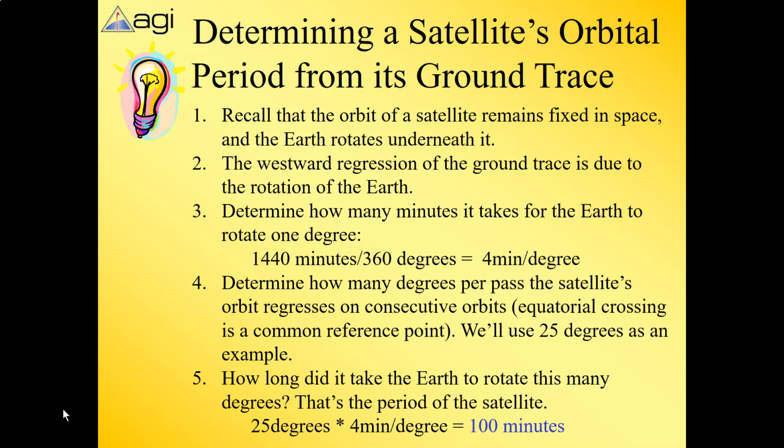If we know that the satellite regressed 25 degrees, then we can determine that it took 100 minutes for that satellite to make it around the Earth one time, and in that amount of time, the Earth rotated by 25 degrees. Since we can go 4 minutes per degree, we get 100 minutes.